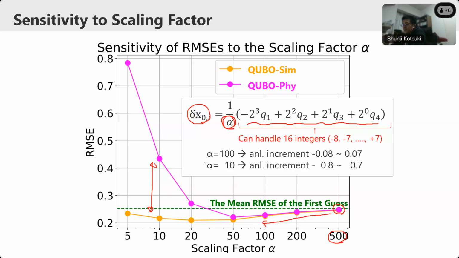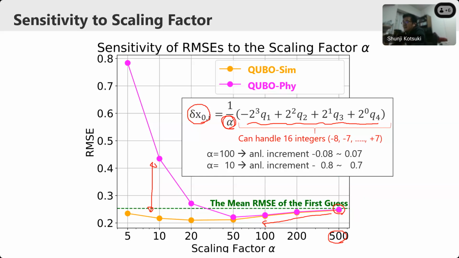When alpha becomes small, the range of analysis increment becomes large. So in this case, the stochastic noise of one qubit can change the result drastically, and that may be problematic for quantum annealers. Therefore, we should choose this scaling factor carefully for quantum data simulation.